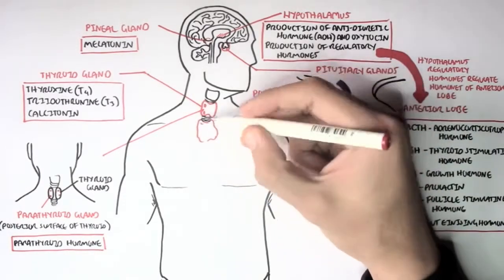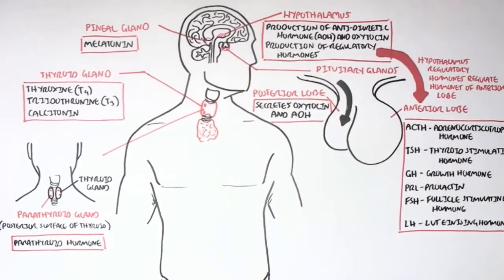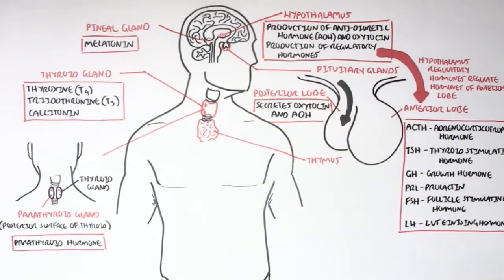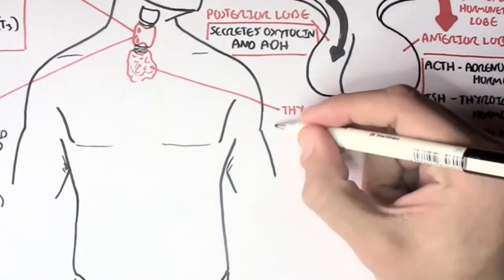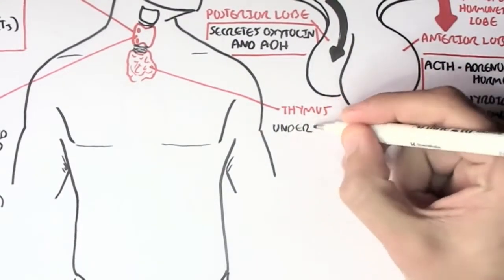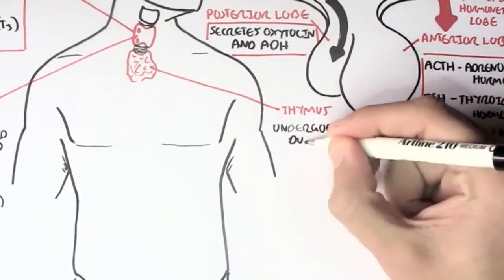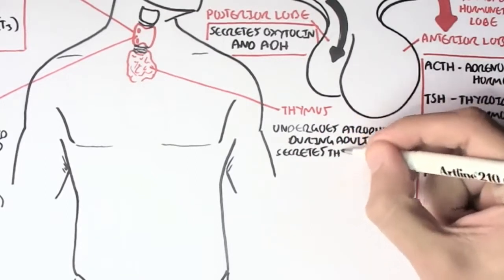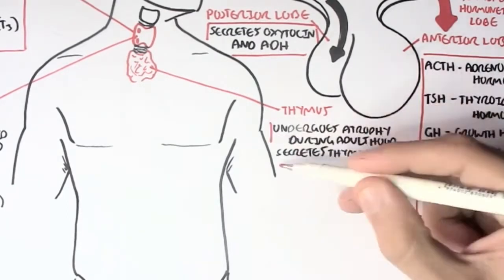Now, right below the thyroid gland, we have another endocrine gland, you can say, known as the thymus. Now, the thymus is not really a big deal in the endocrine world, but it is a big deal in the immune system world. But in the endocrine world, the thymus actually undergoes atrophy during adulthood, and it begins secreting thymosin.